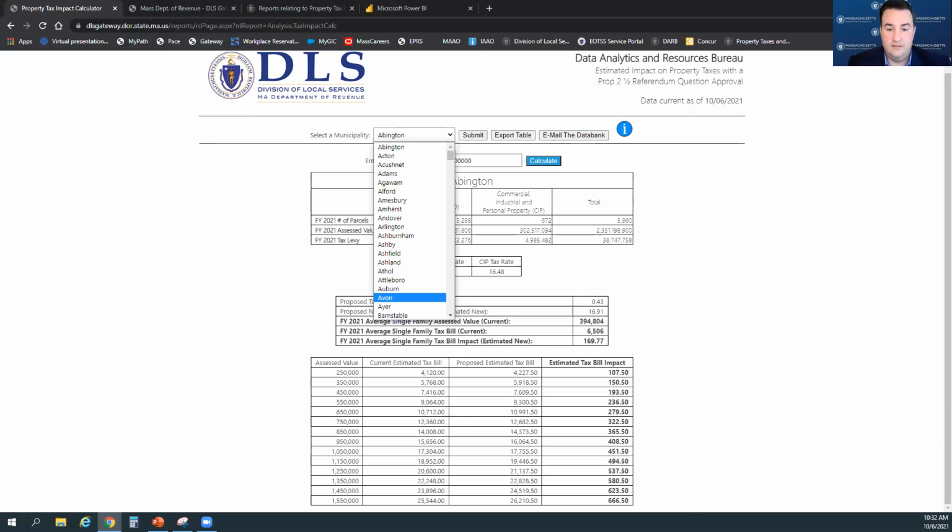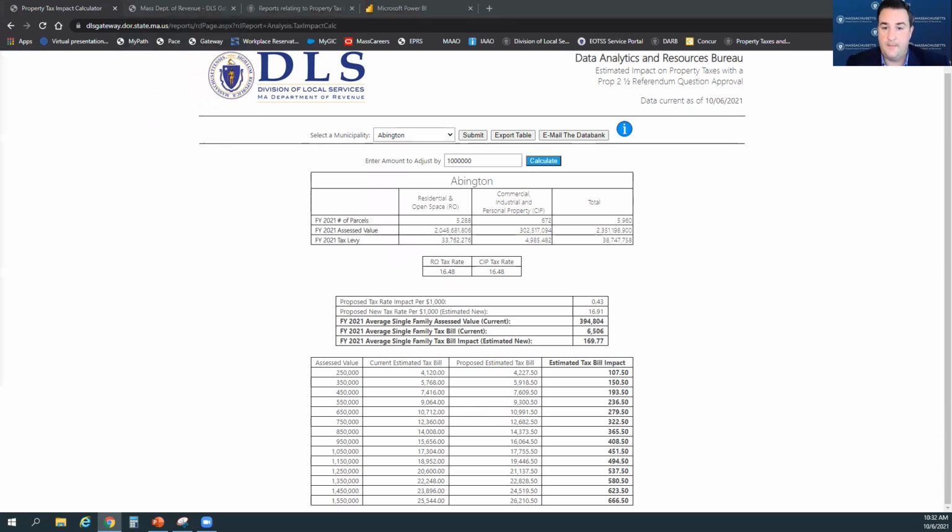Let's see. Just going to check to see if we have any questions. Okay, just bear with me one second. Yeah, as far as the average residential value, you can, let me see. Okay, residential exemptions. I'm going to get to that in a second.